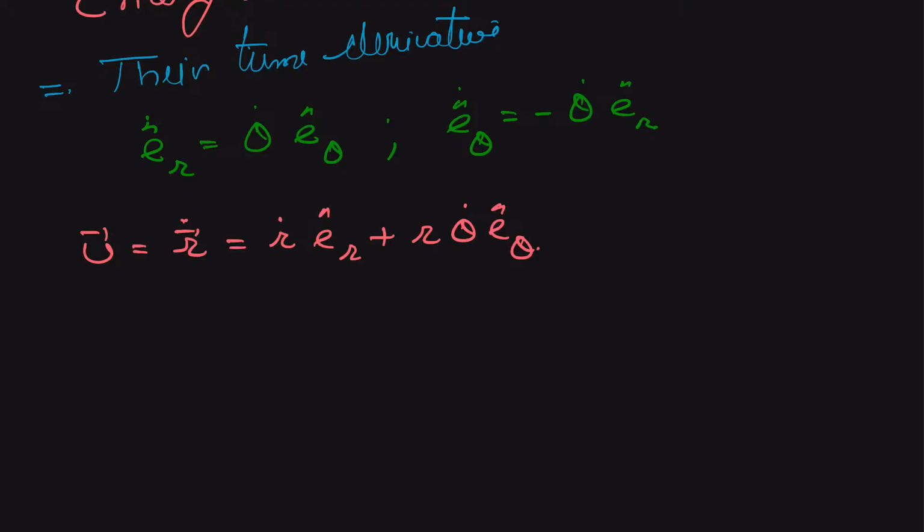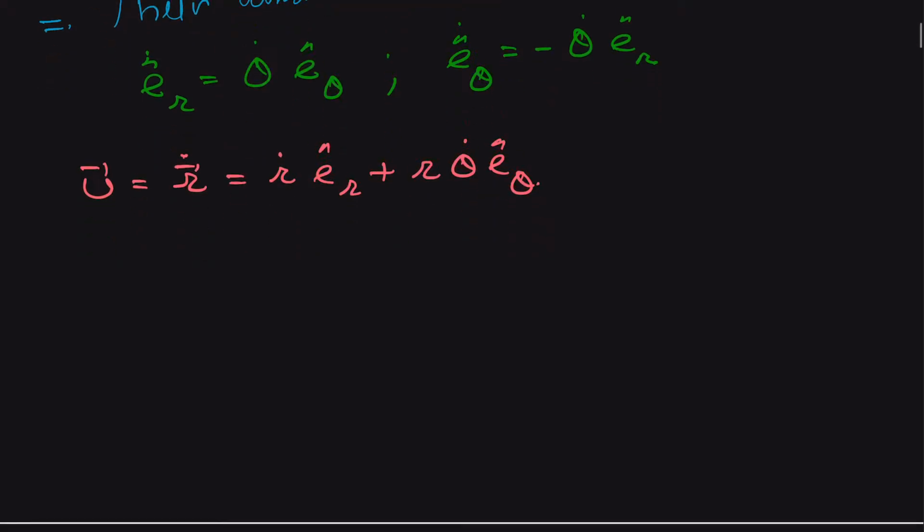So this is the velocity in terms of polar coordinates, and here it is having two components.